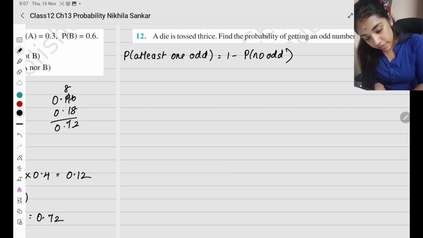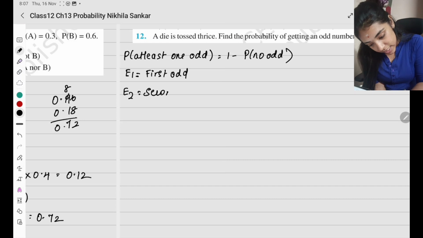So first, event E1 is going to be first odd, E2 is going to be second odd, E3 is going to be third odd number.